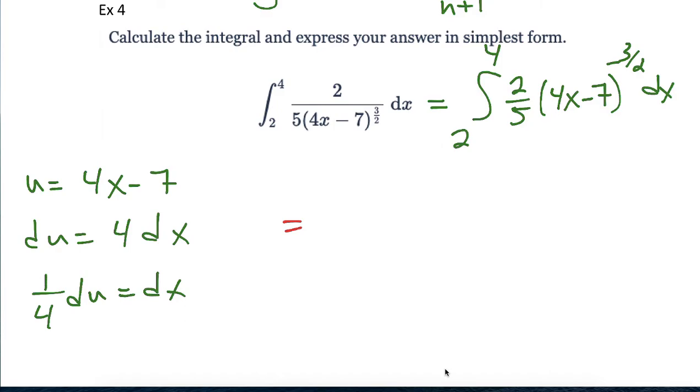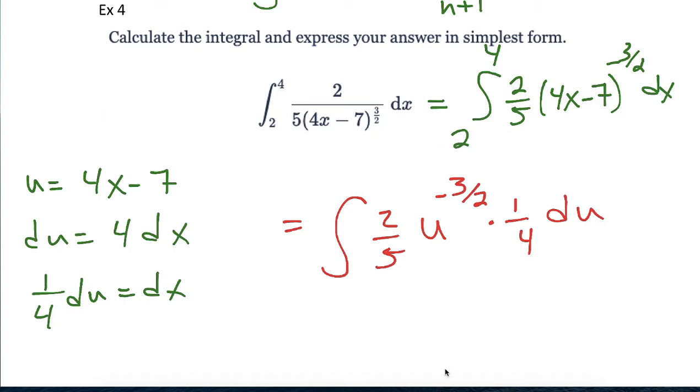To make sure that I do it appropriately, I'm actually not going to factor out the 2/5. So I got the integral, I got 2/5, I got u to the negative 3/2 times 1/4 du.